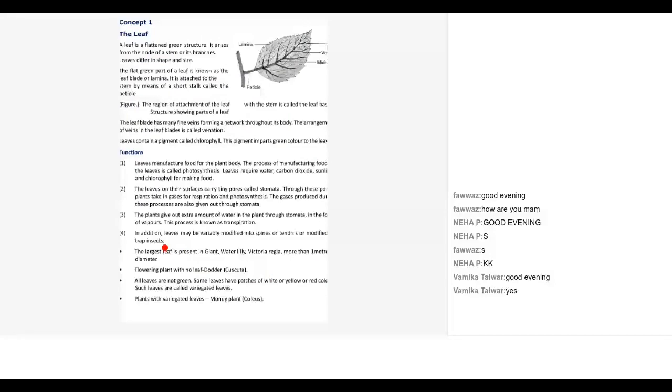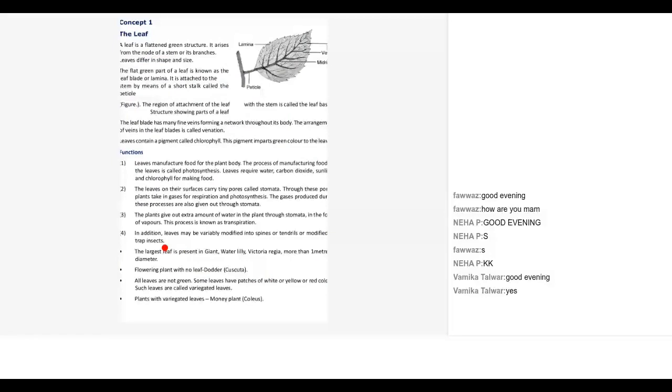The flat green part of a leaf is known as the leaf blade or lamina. It is attached to the stem by means of a short stalk called the petiole.